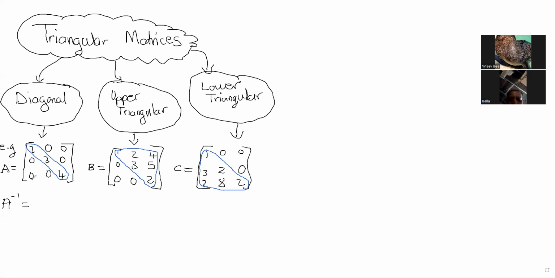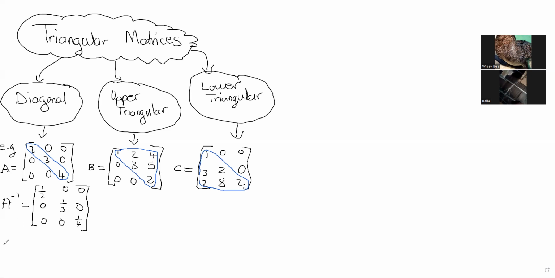You just take the inverse of the numbers of the main diagonal. So here it's gonna be 1/2, 1/3, then 1/4, and you're done. And the zeros don't get affected. That would be your inverse, only for the diagonal matrix, not this side, only for the diagonal matrix.